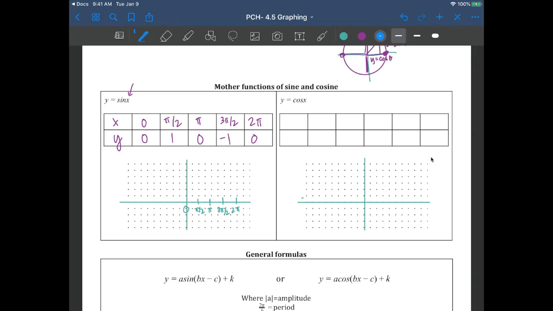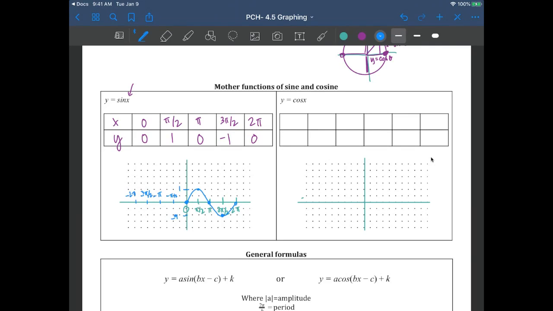And sine starts with a height of 0 at 0. We're going to go up to 1, back to 0, down to -1, and back to 0. So I start on my circle, go up to the highest point, to the midline, to the lowest point, and back to the midline. I can extend this going backwards if we spun backwards: -pi over 2, -pi, -3 pi over 2, and -2 pi.